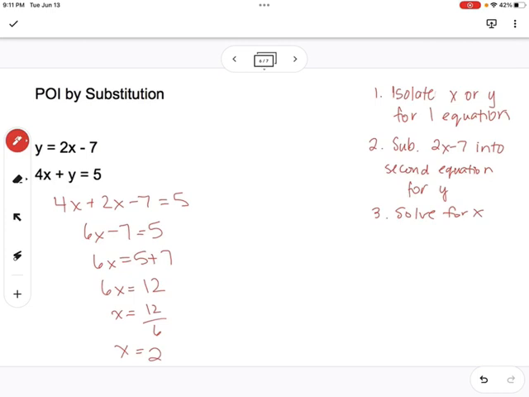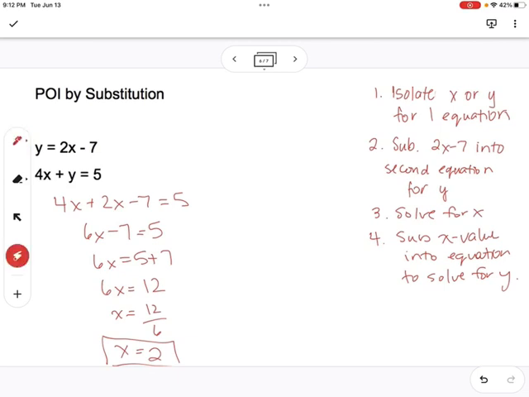So once we have the x value for the point of intersection, we want to sub the x value into the equation to solve for y. Okay, so I am going to take that x equals 2, and I'm going to sub it into this first equation where x is, and we're going to solve for y.